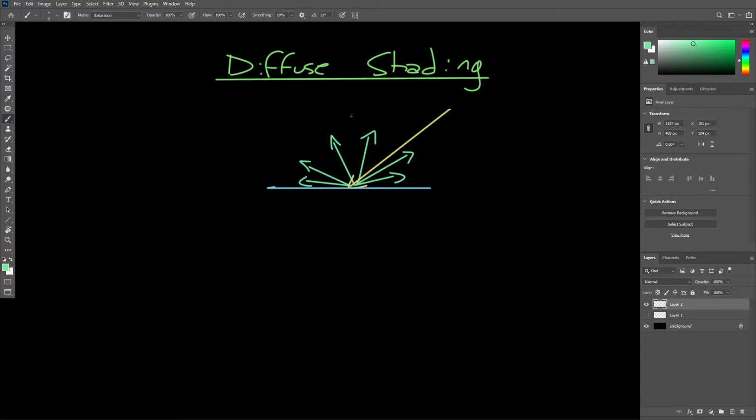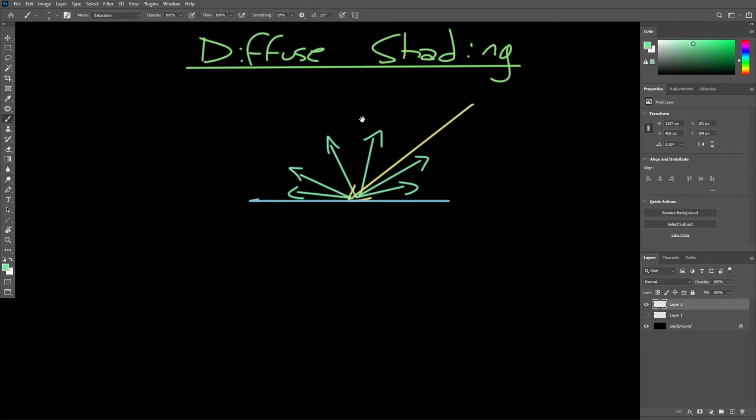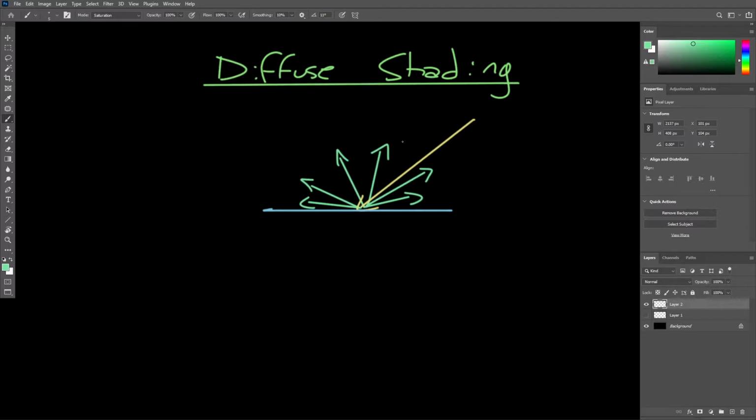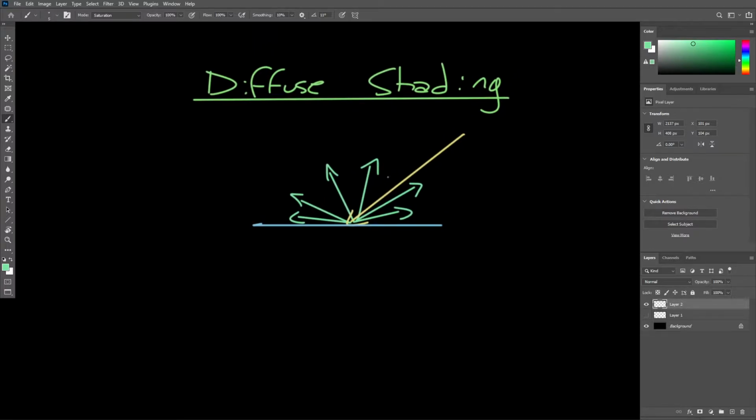That's an entirely different part of our shading model. So for the time being, we're only talking about light that is reflected off in all directions like this. And of course, as we saw with the original diagram I drew, from this side view, we will be observing this surface point from a certain direction.